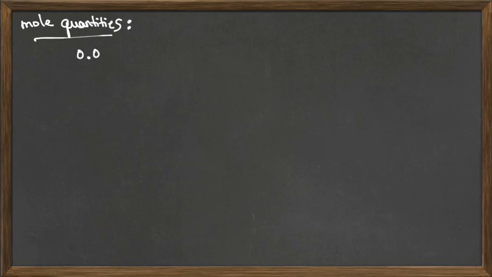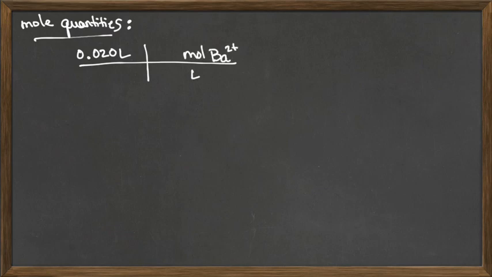Let's go and add us another chalkboard and get busy. First thing, you need to find out the mole quantities of your barium and sulfate ions. So calculate the mole quantities. So we've got 0.020 liters. Remember, it was 20 milliliters, so we're going from liters to moles of the barium ion.